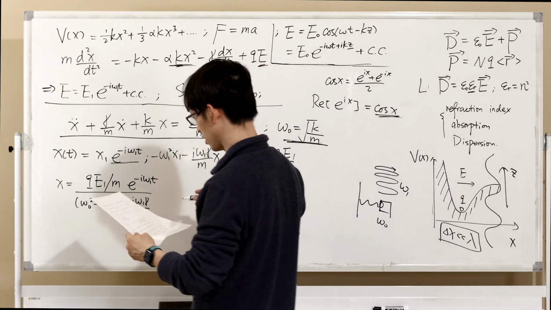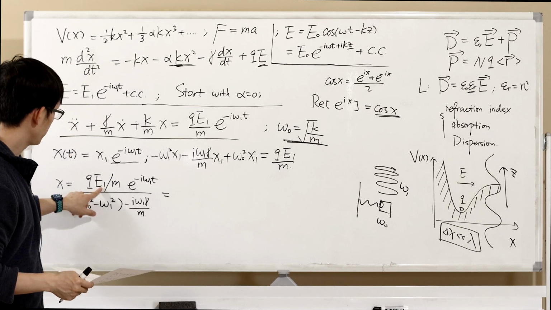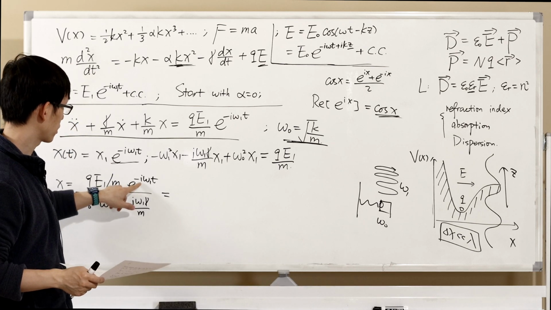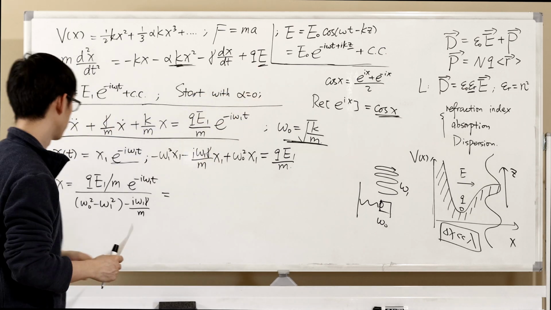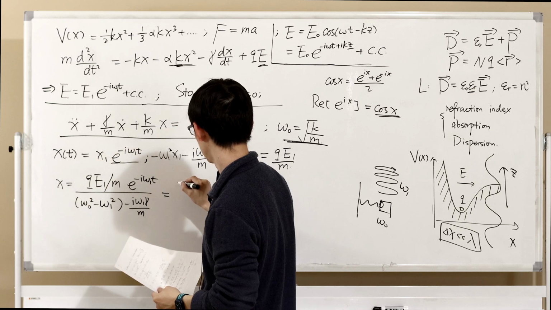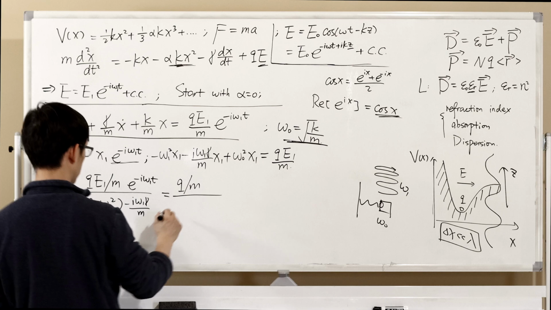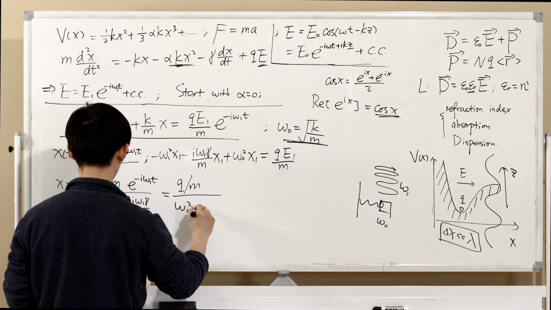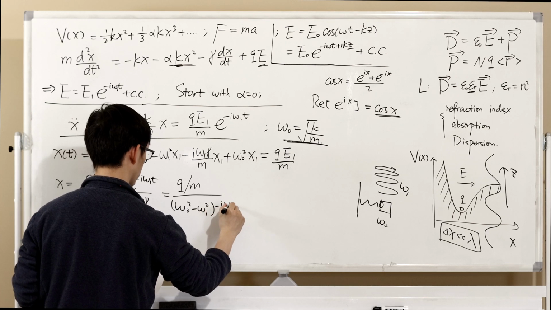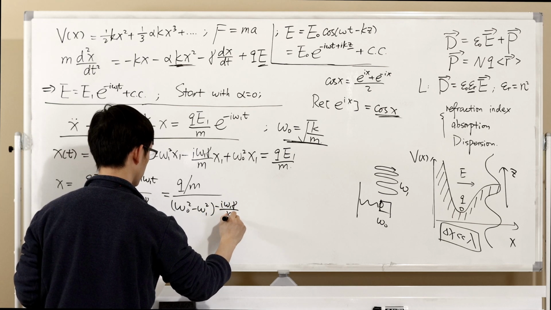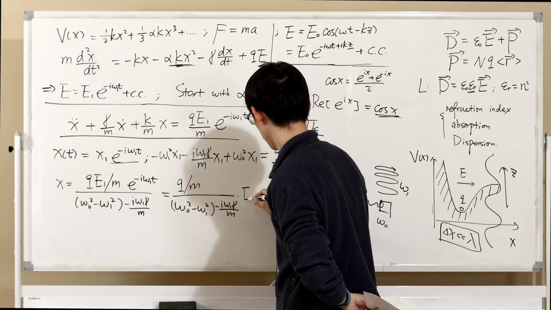You can also write it in a different form: combine E1 with e to the minus i omega 1 t, because that's your electric field in the first place. So you have q divided by m, over omega naught squared minus omega 1 squared minus i omega 1 gamma divided by m, times E.